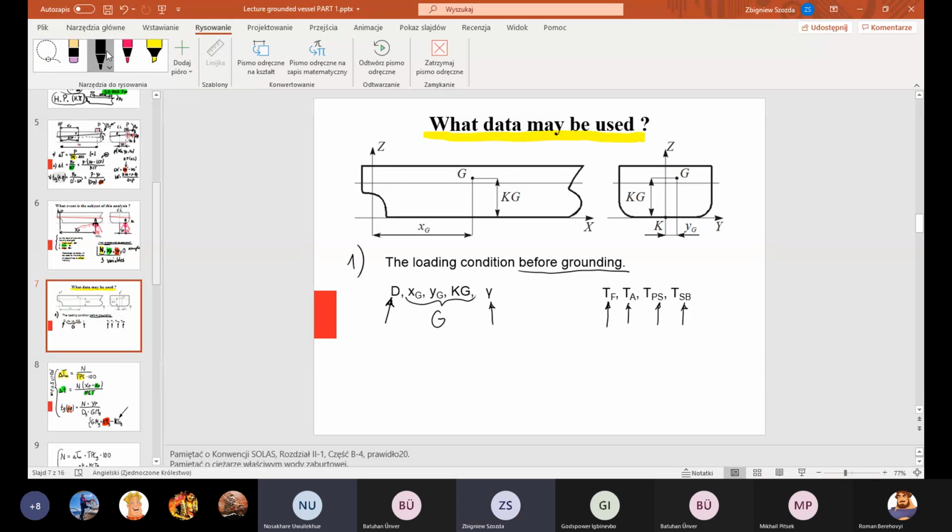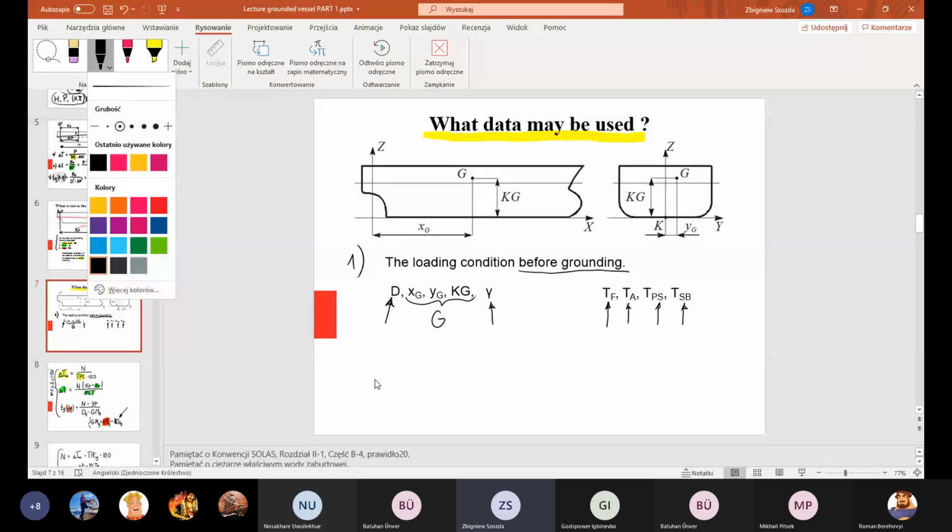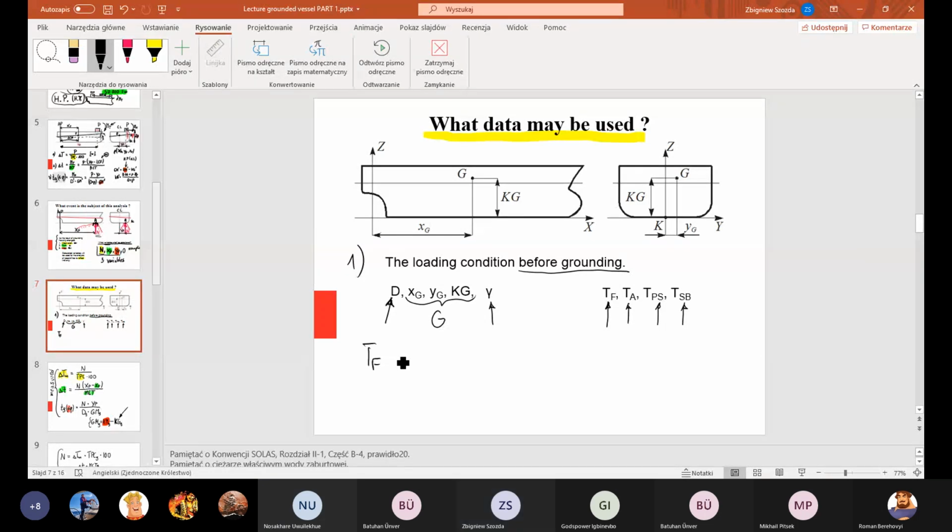Just to speed up, I think it will not be surprising for everybody. For fore draft, it will be mean draft plus trim times length between perpendiculars minus LCF divided by the length between perpendiculars. Can you recall such a formula? How to calculate trim?